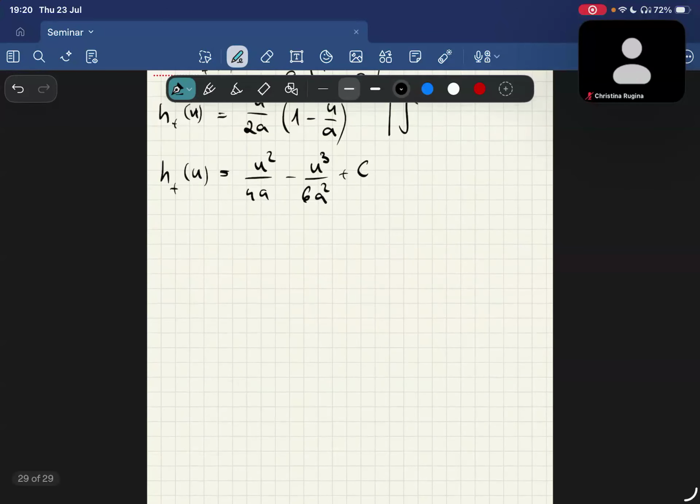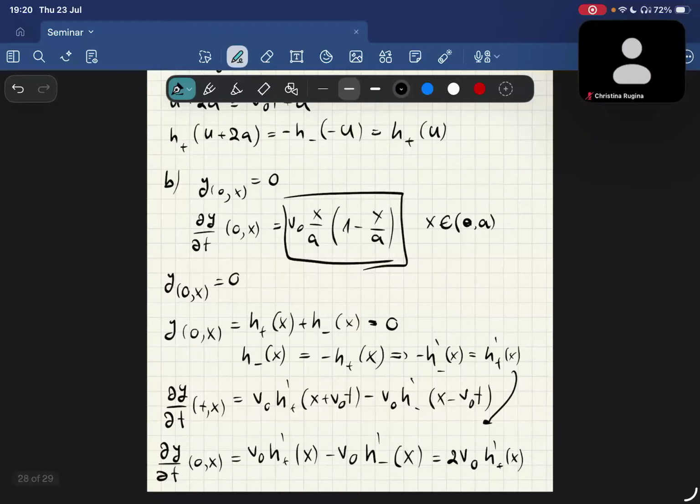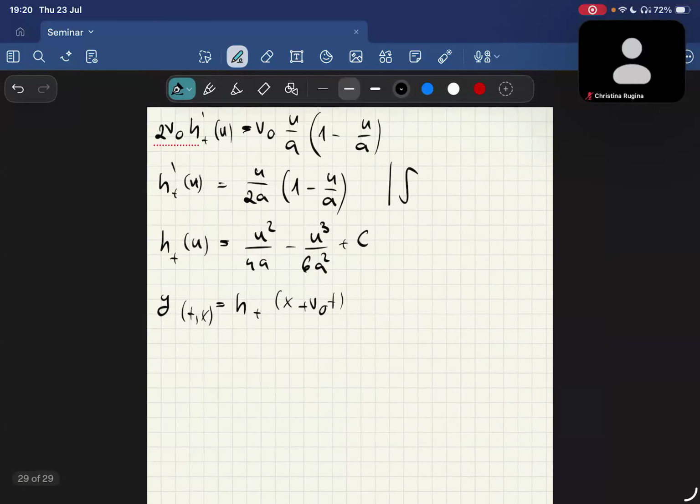Now we know that y is equal to h plus of x plus v0 t, and using the property here, we get minus h plus of v0 t minus x.